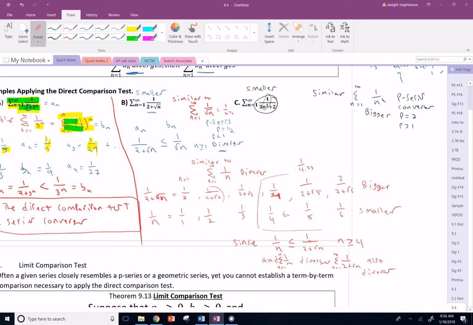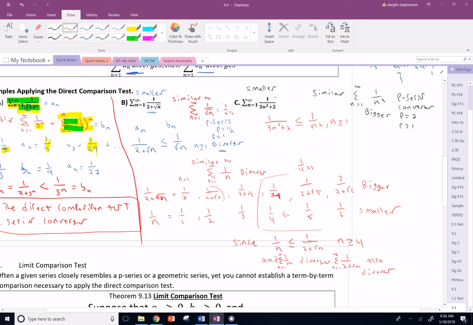And you can reason through this because, remember, 1 over n squared is going to be bigger than 1 over 3n squared plus 2, because in this case you're dividing by a bigger number, and if you're dividing by a bigger number, you get something smaller. So we can show that 1 over 3n squared plus 2 terms are always less than or equal to 1 over n squared for n greater than or equal to 1.